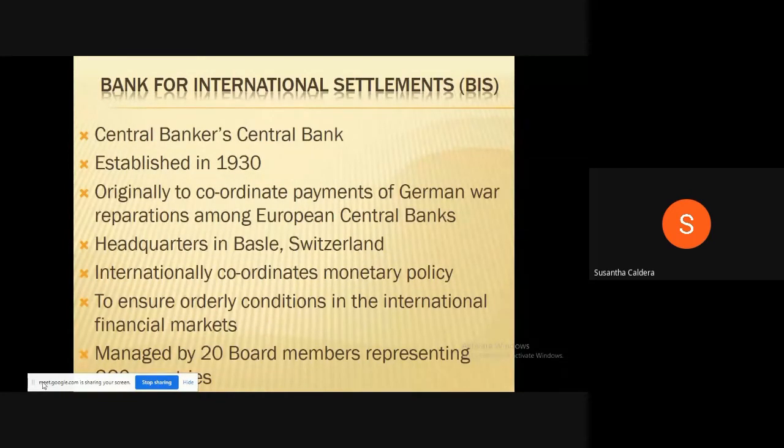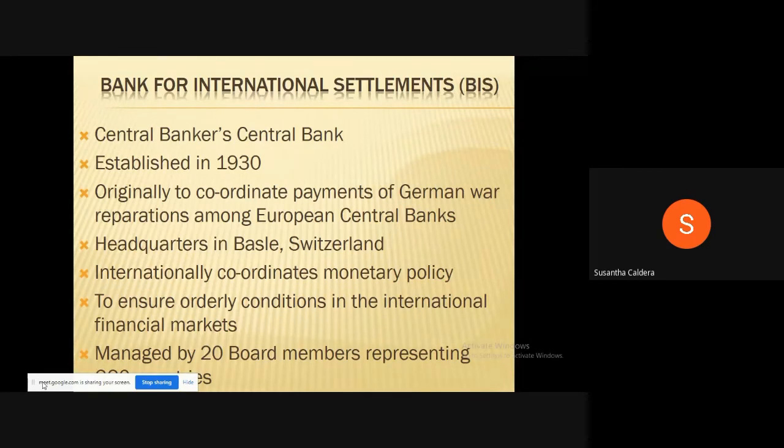Then another financial institution which we have to learn is the Bank for International Settlements, BIS. Now, the central bank is our banker's bank.